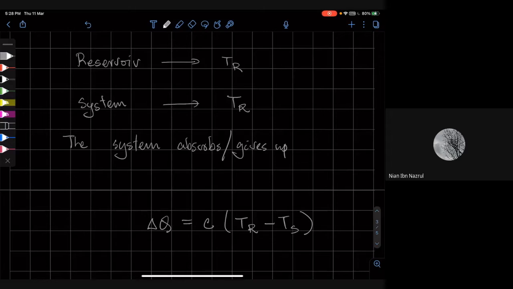So now the problem is that we have to compute the entropy of the reservoir, the system, and the combined system, i.e. the universe, at the end of the process.